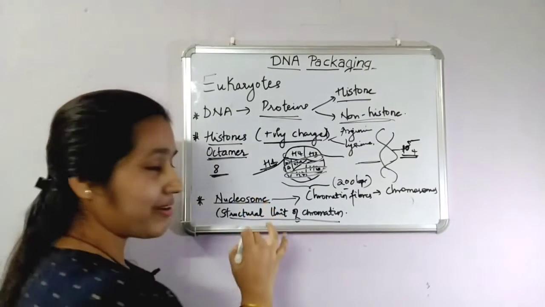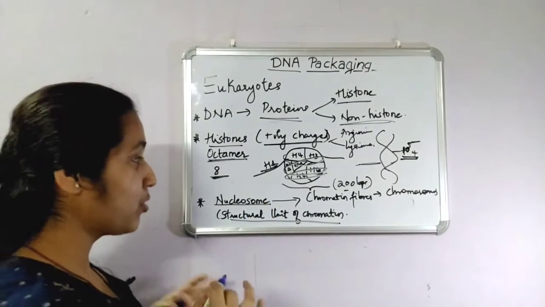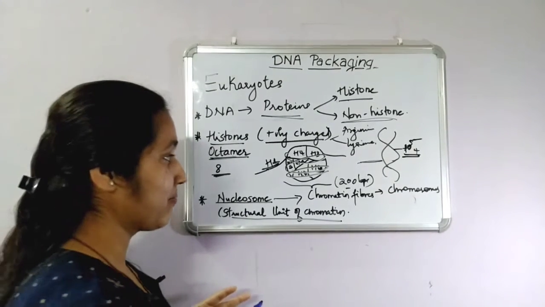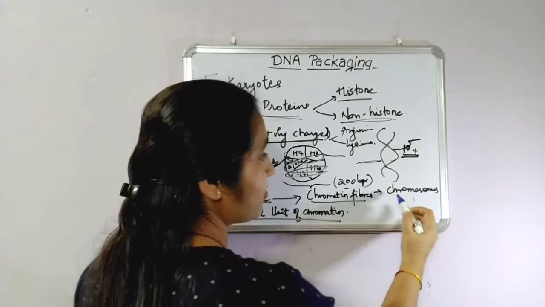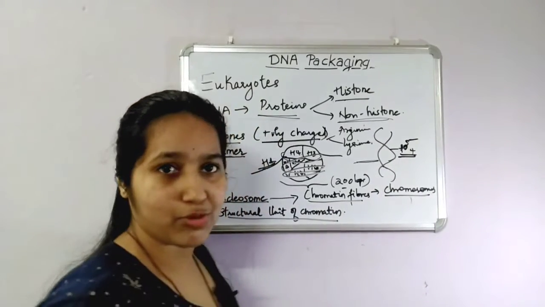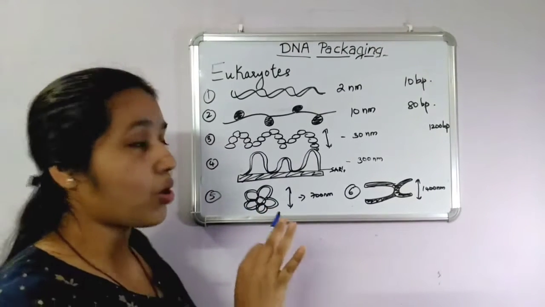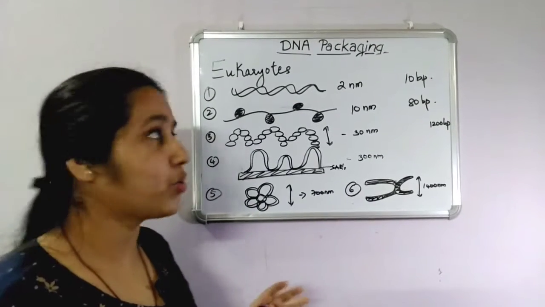This repetitive structure of nucleosomes will condense later to form chromatin fibers and then finally the chromosomes. Here I have given a chart on the organization of the DNA in a eukaryote.